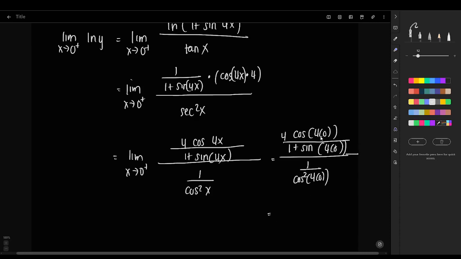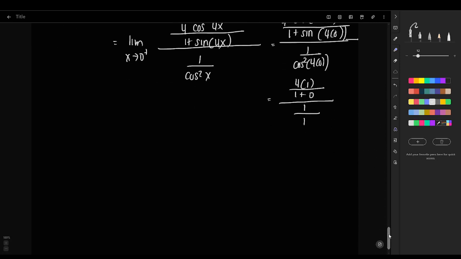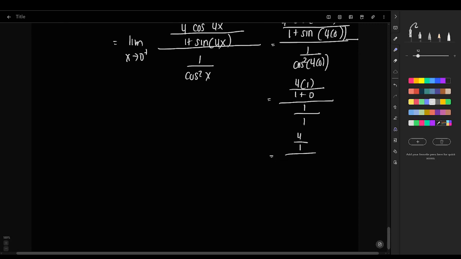So this is equivalent to 4 times cosine of 0, which is 4 times 1, all over 1 plus 0, since sine of 4 times 0 is sine 0, which is 0. And 1 over cosine squared of 0 is still 1. So this is 4 over 1 over 1, and that is 4.